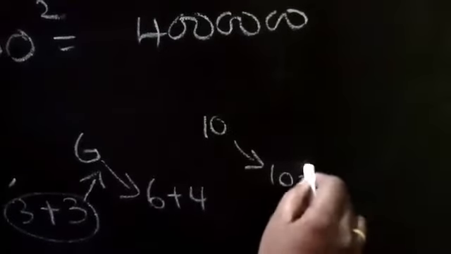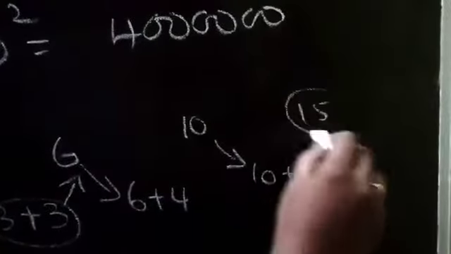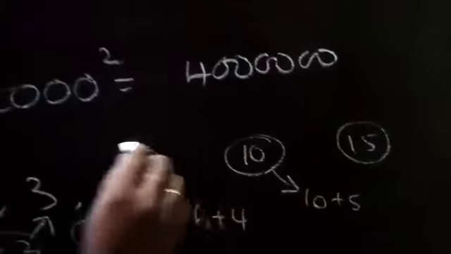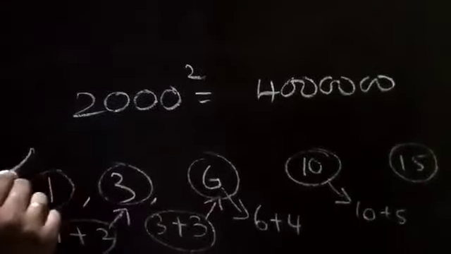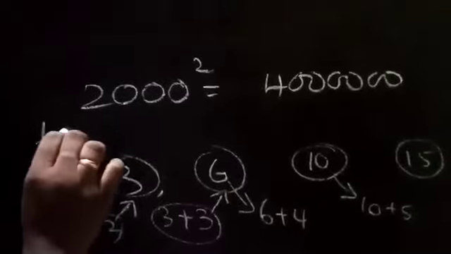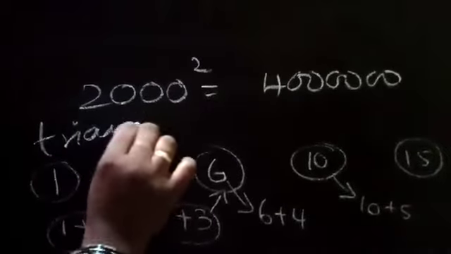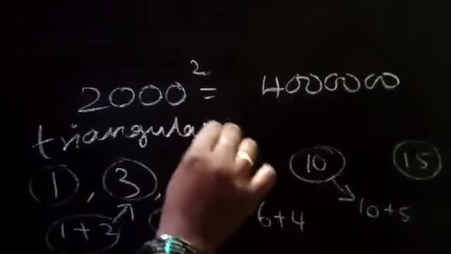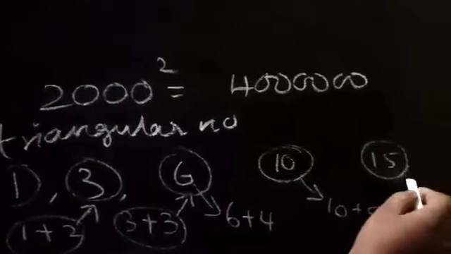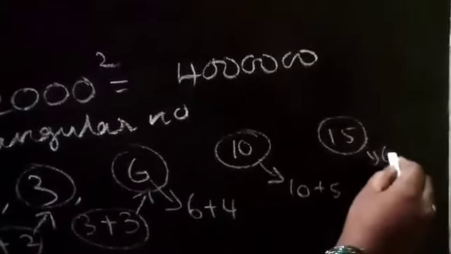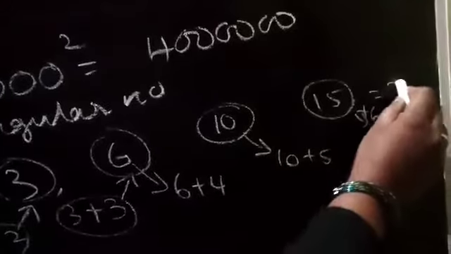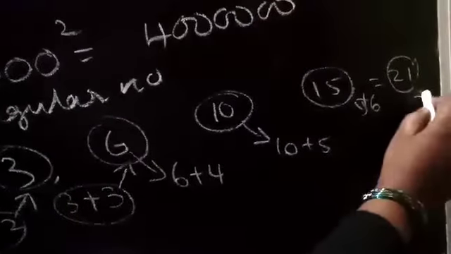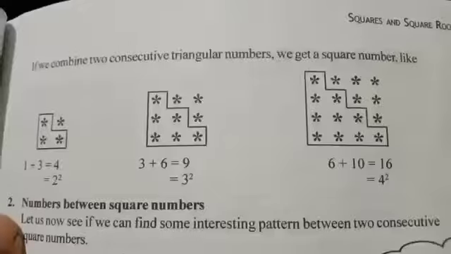Again 10 plus 5 we should add. So 15 will get. This all triangular numbers. Again along with this 6 we should add. So we'll get 21. Along with this 7 we should add. Like that we should add.